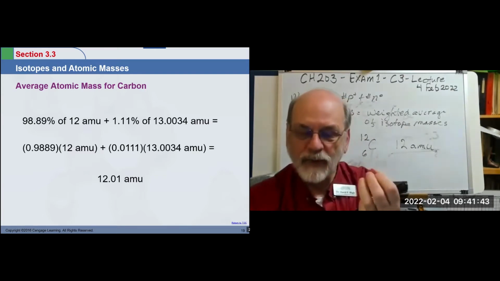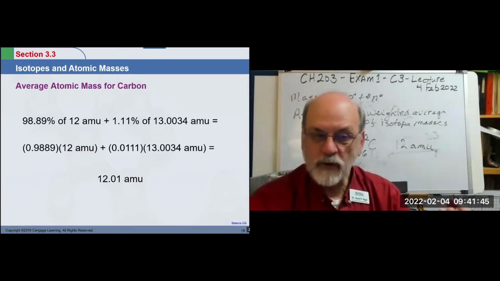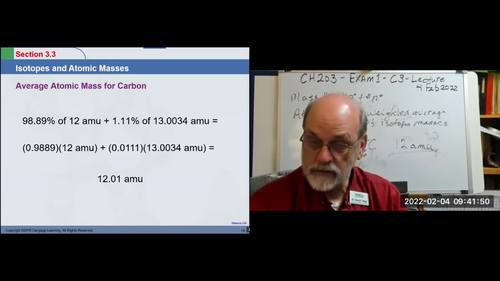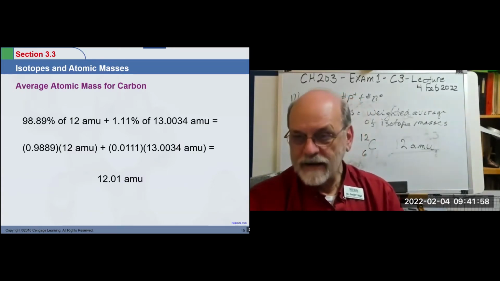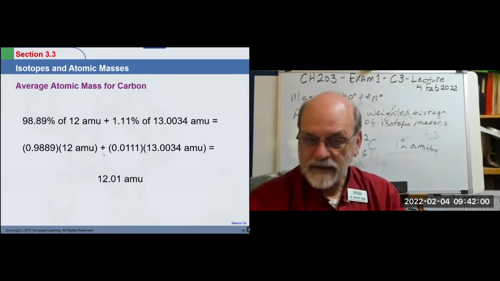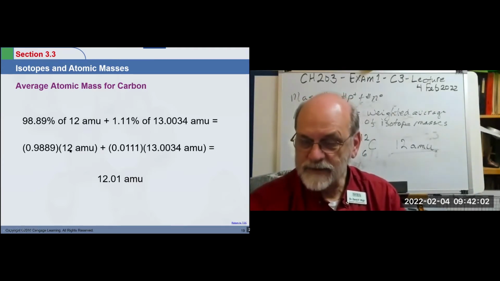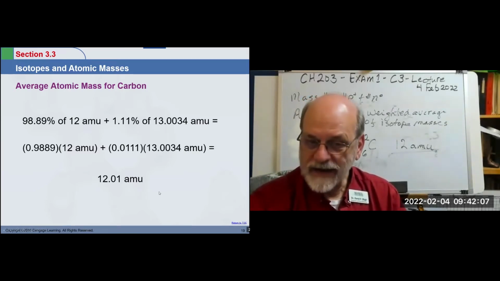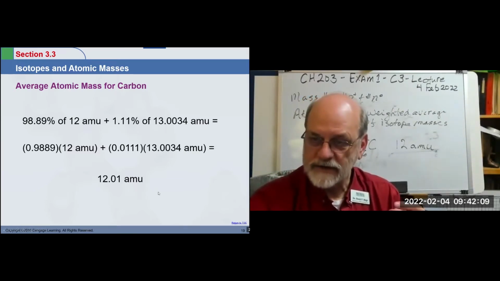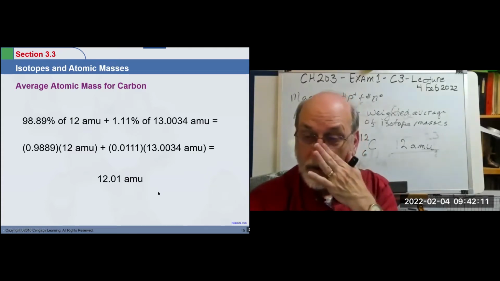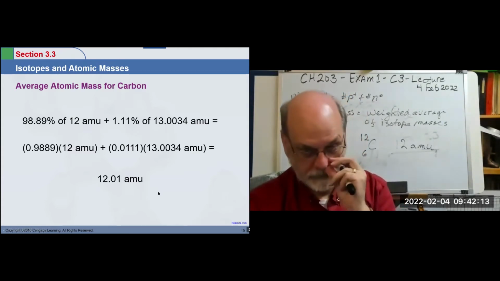So our whole sample is composed of 0.9889 of 12 AMUs, and 0.0111 of 13.0034 AMUs. If you do that math, take this fraction times that amount and this fraction times that amount, add them together, you get a weighted average of 12.01 atomic mass units for naturally occurring carbon.